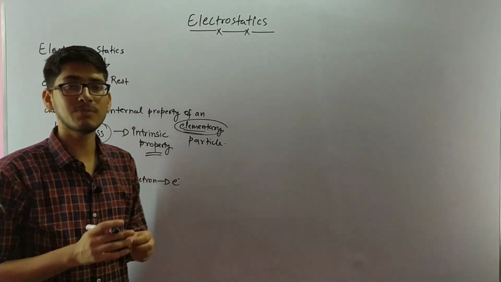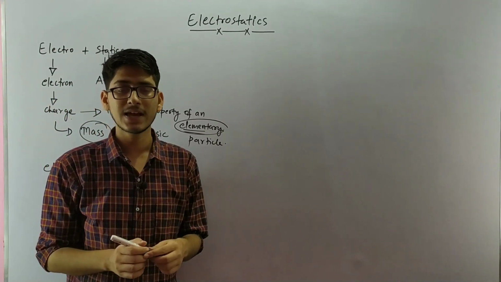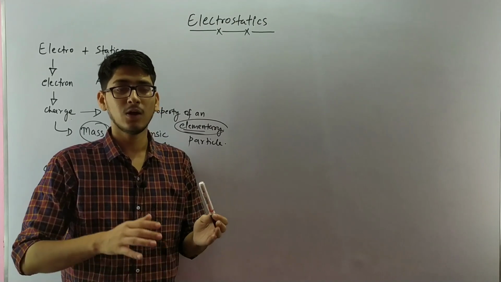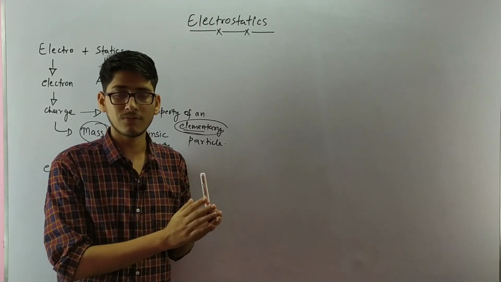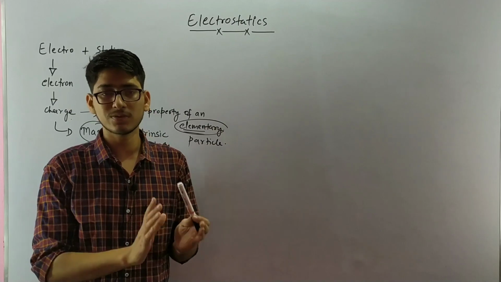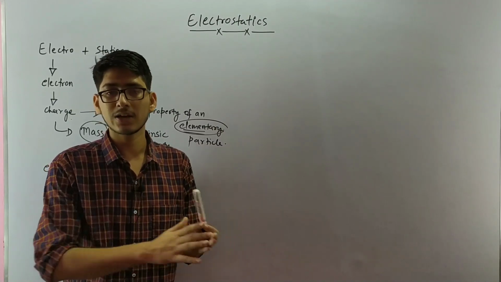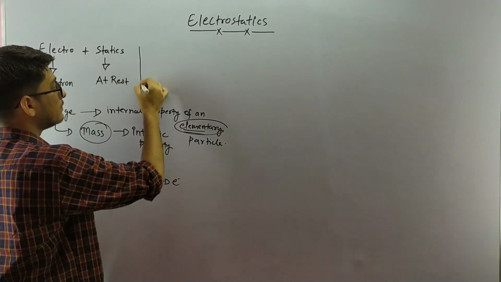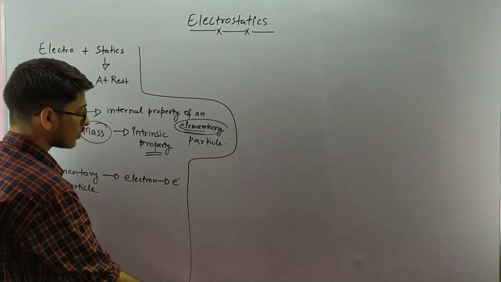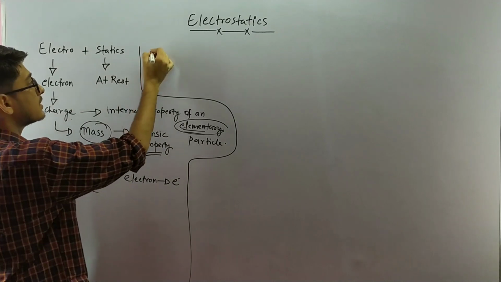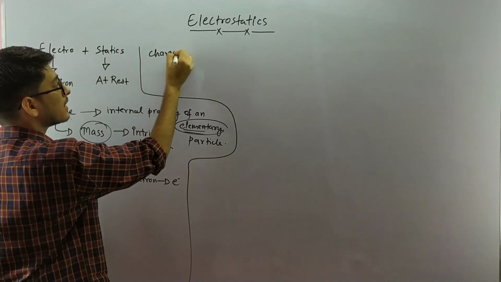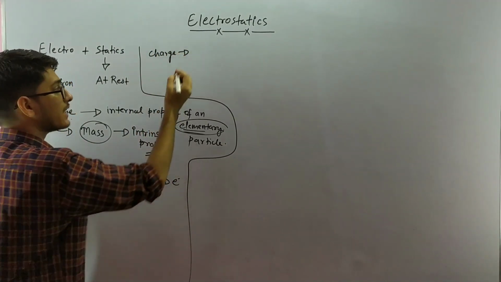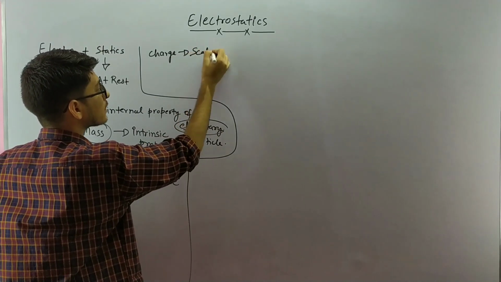Now in physics we mostly deal with physical quantities, and we have to understand whether they are vectors or scalars. So charge is one of them. We will define charge also: charge is a physical quantity and it belongs to the category of scalar quantities.